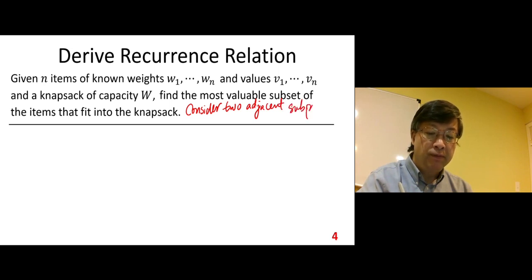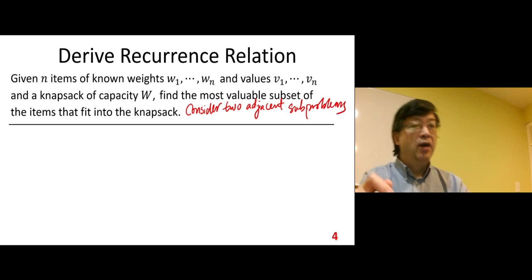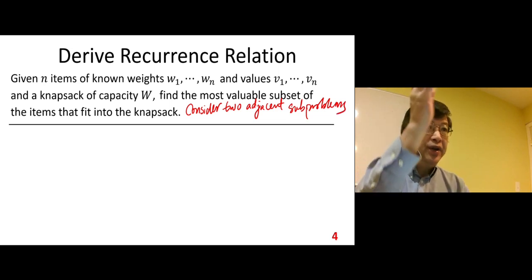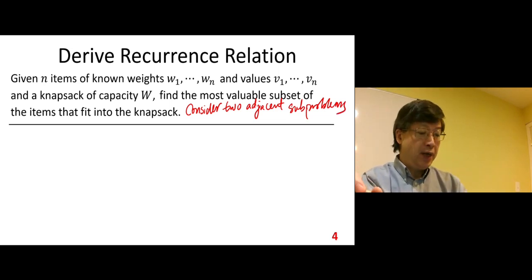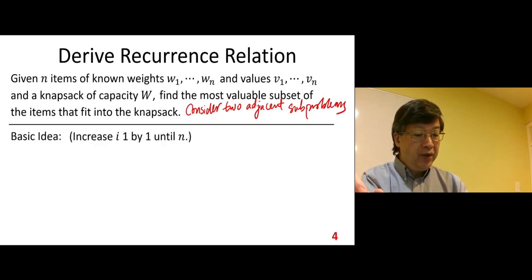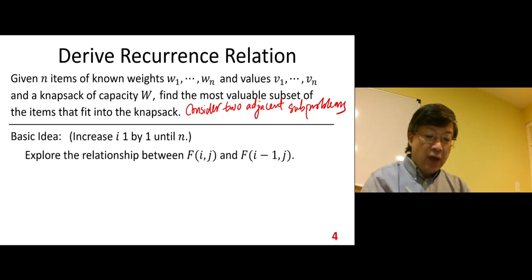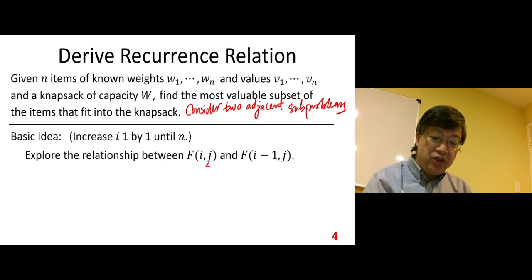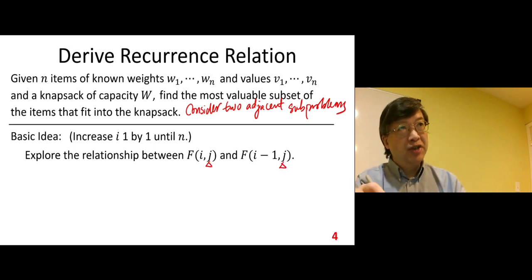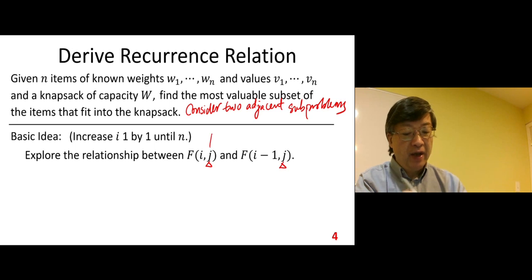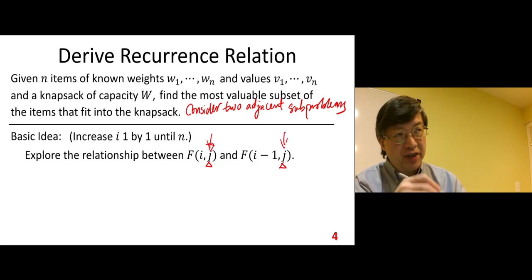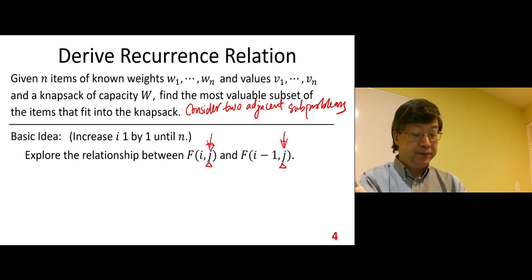What's the relationship between two adjacent subproblems? The basic idea is that we increase I one by one. Every time we increase I by one, we get two adjacent subproblems. So we explore the relationship with the same capacity J. Let's fix that J. Later we can change that J.